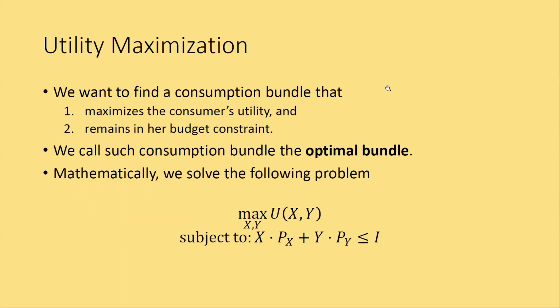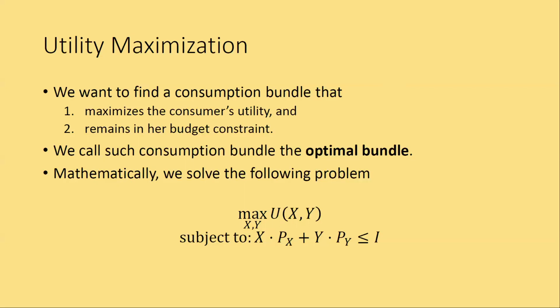To define the utility maximization problem, recall that we have a utility function representing the consumer's preference. By maximizing, we are trying to find the consumption bundle that gives the consumer the highest possible level of satisfaction. In our language, we are going to maximize the consumer's utility function.